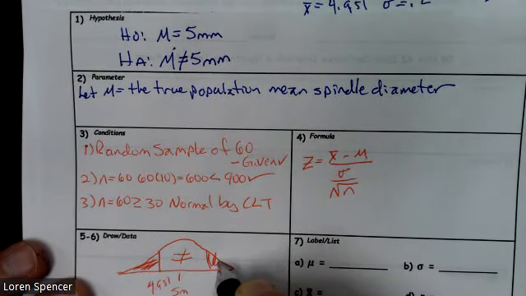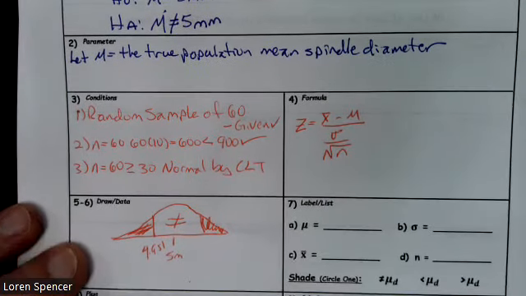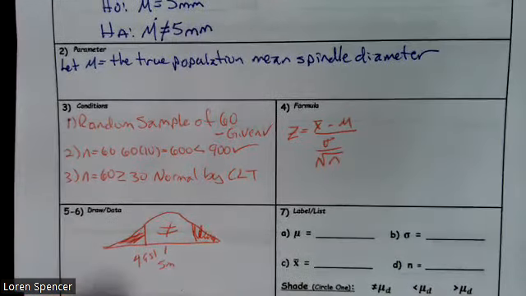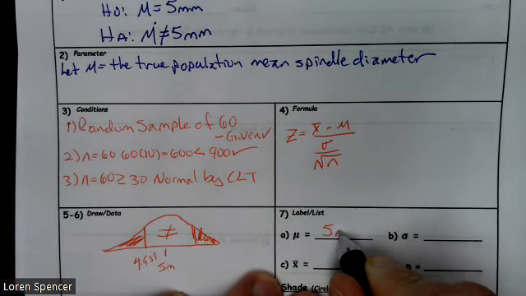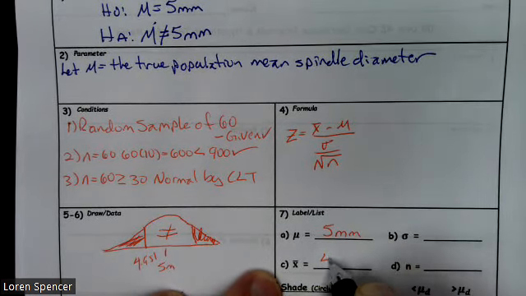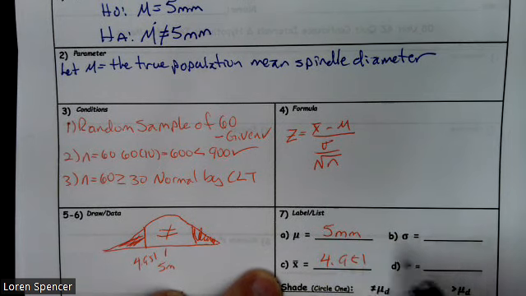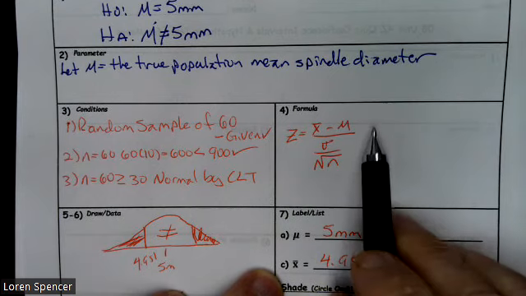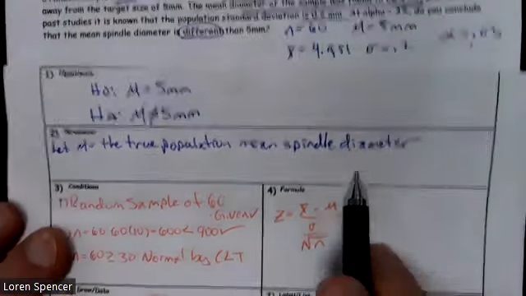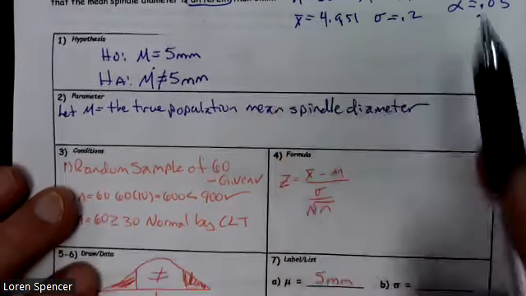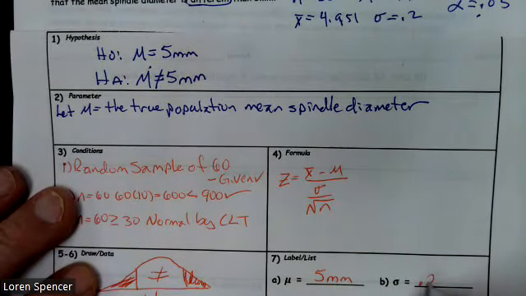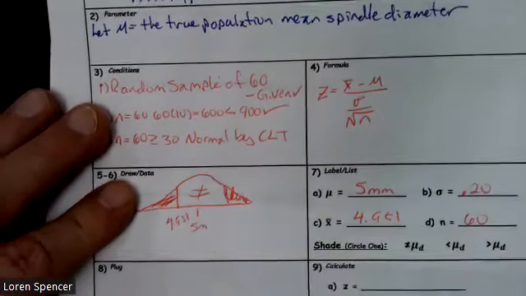Remember, it's two tails, so we have to shade both an upper and a lower. Let's fill in what we know. Our mean, 5 millimeters. Our x bar, 4.951. n was 60. And they gave us a population standard deviation of 0.20.